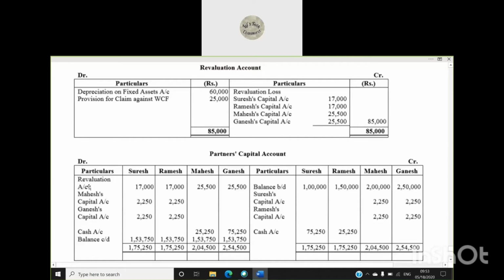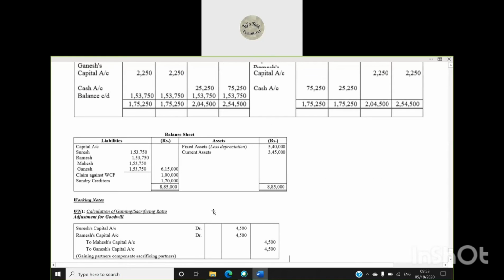To revaluation account, in bracket you can write loss: 17,000 in the column of Suresh, in the column of Ramesh 17,000, Mahesh 25,500, Ganesh 25,500. Now the entry for the adjustment of goodwill. In the goodwill entry, we credit the accounts of Mahesh and Ganesh and debit the accounts of Suresh and Ramesh.